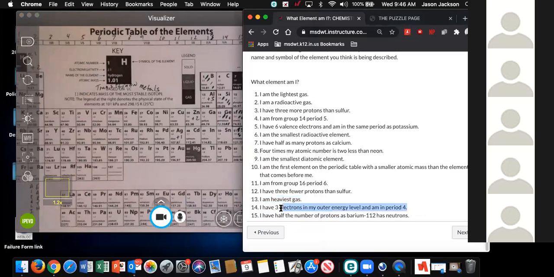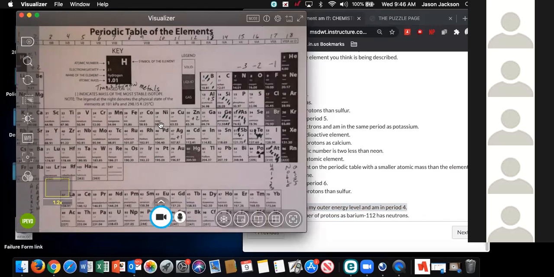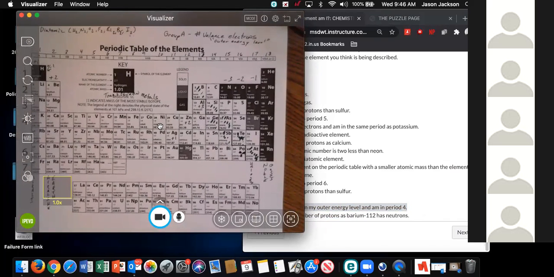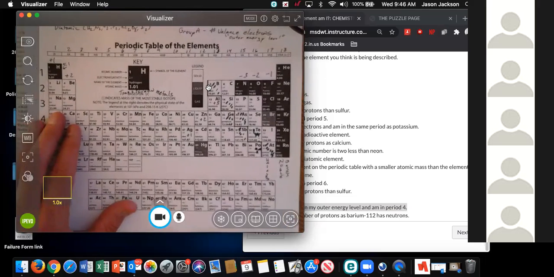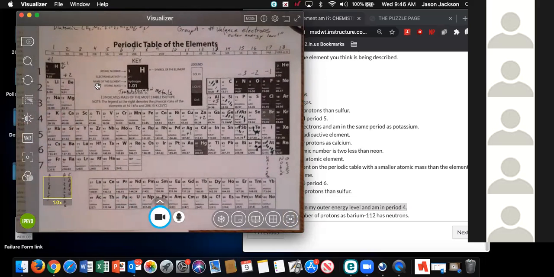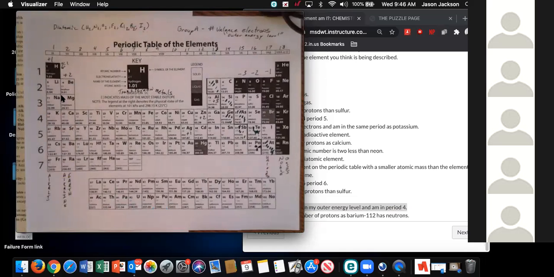I have 3 electrons in my outer energy level, and I'm in period 4. So again, this is period 4, and the number of valence electrons is equal to the group A number. So we're looking for the Roman numeral for 4.